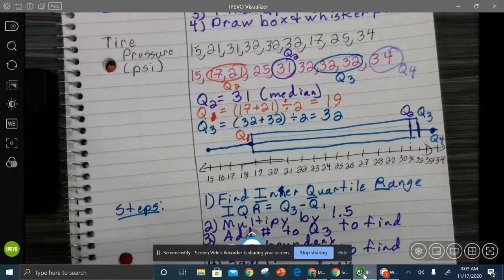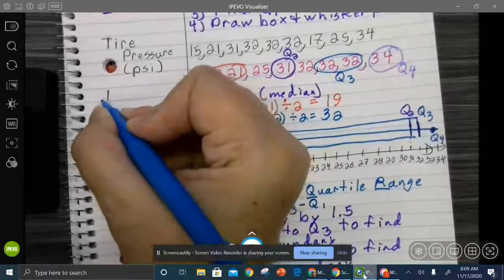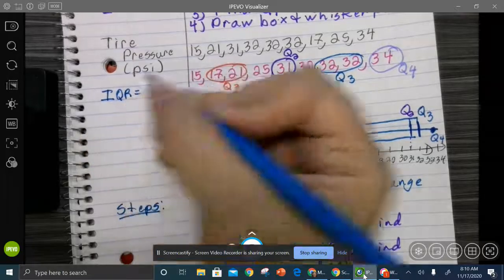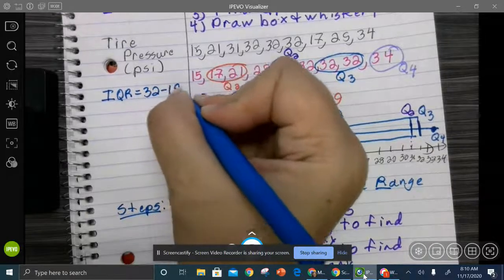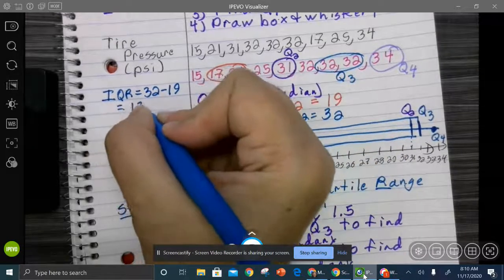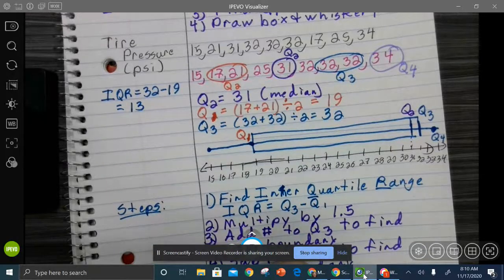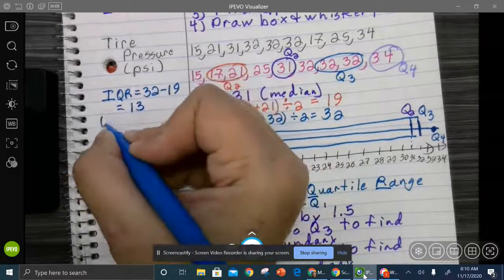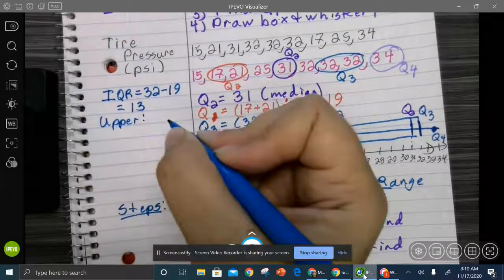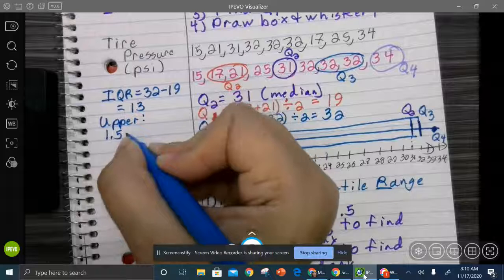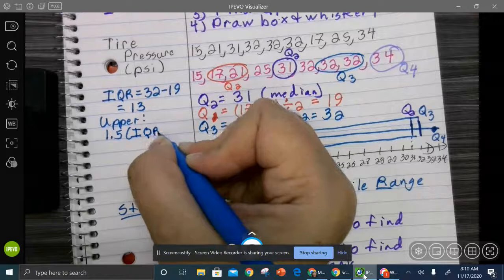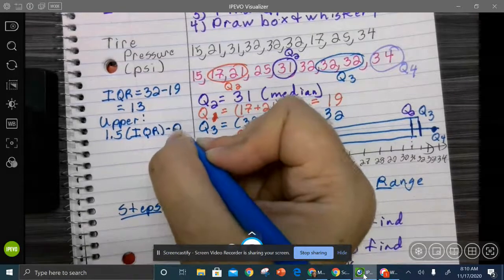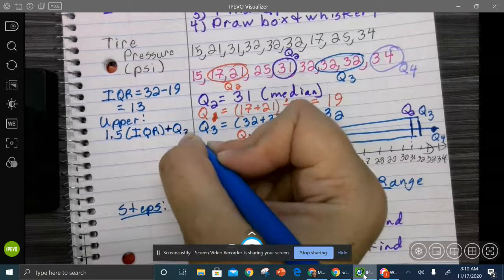Let me show you our steps. First, the interquartile range: we subtract 32 minus 19, so we get 13. That's our interquartile range. Then we do the upper boundary: 1.5 times the interquartile range plus quartile 3.